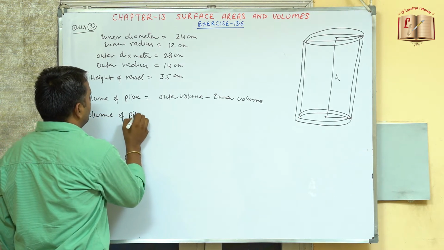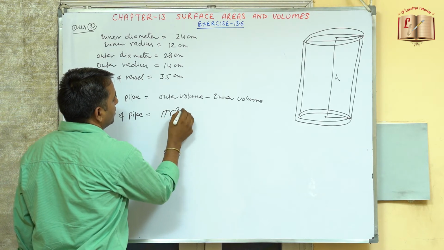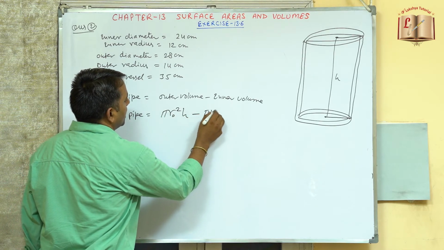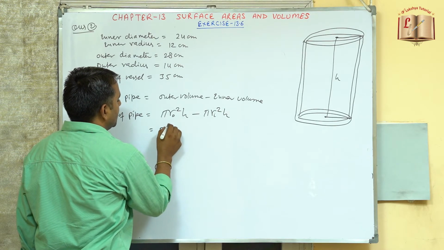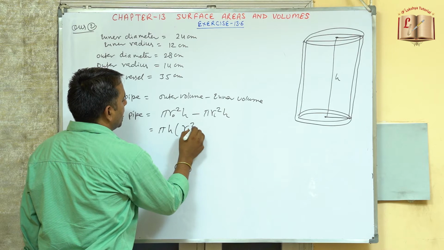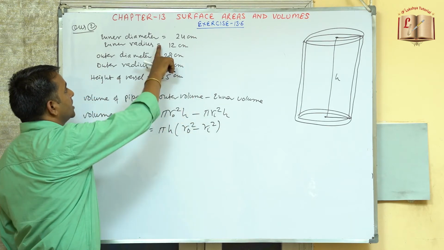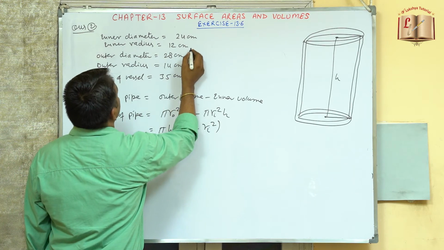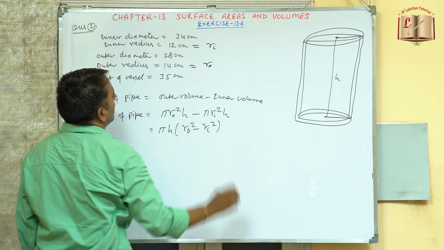So volume of pipe, this will be, because the outer volume is pi r o square h minus pi r i square h. So we got pi h as common. So this will be r o square minus r i square. R o means this is outer radius, and this is r i, this is r o.